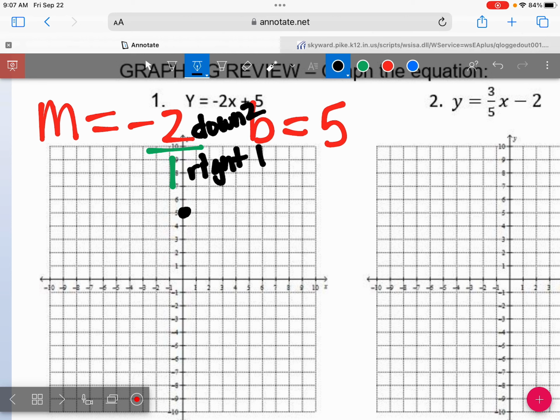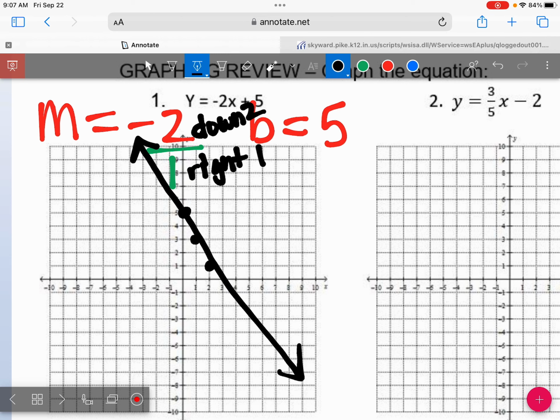So from this point, I want you to count down 2 to the right 1, put a point. Down 2 to the right 1, put a point. And then pick up your straight edge. It's hard for me to do it on my iPad, so mine won't be straight, but yours needs to be straight.